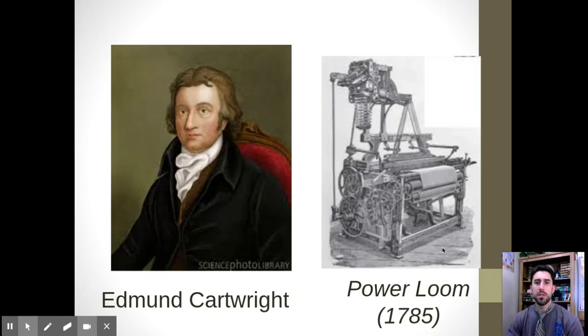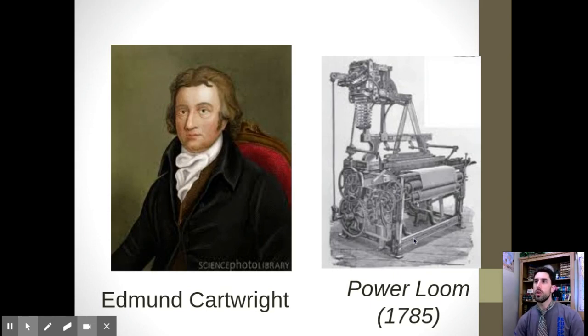But at this point, in 1785, which is 200 years before I was born, we have the invention of the power loom, which is a weaving machine that is mechanical. So now you have a weaving machine that the human interaction with it is maintaining and repairing it, and of course building it, but then just loading the spools with threads.